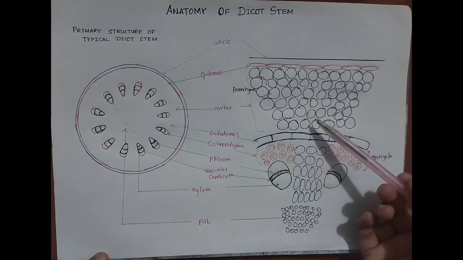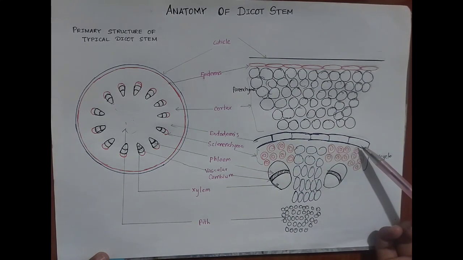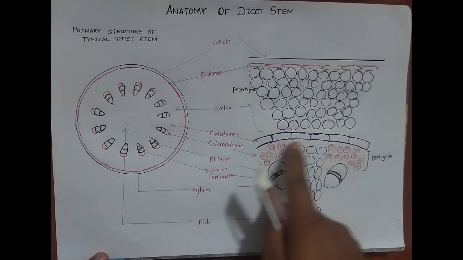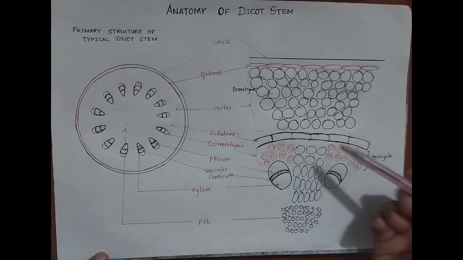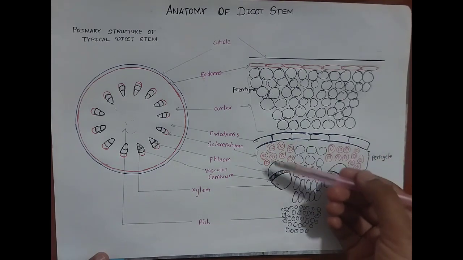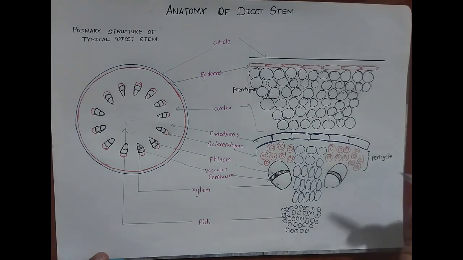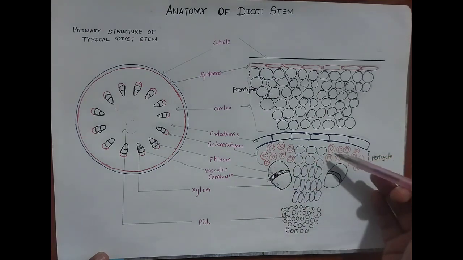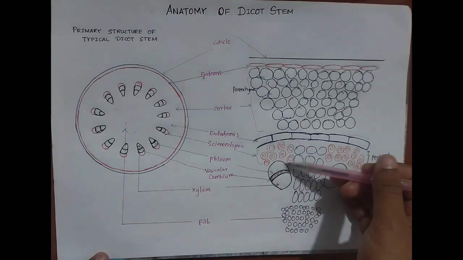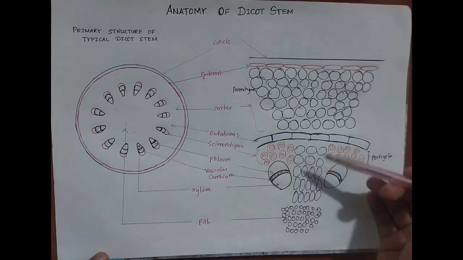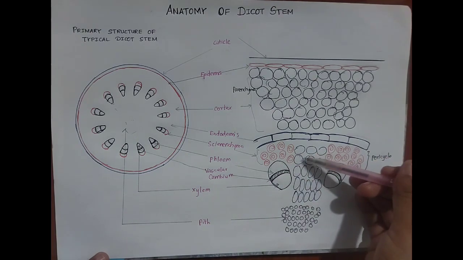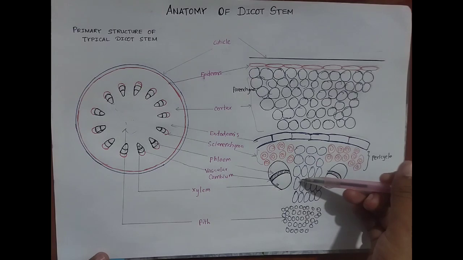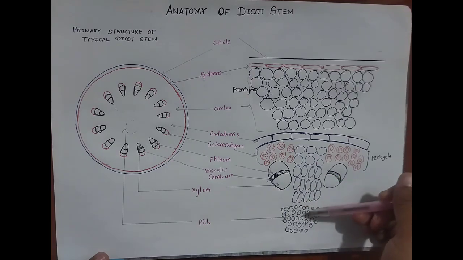Then you have the endodermis layer. You don't have much about this in your syllabus. Then we have the pericycle part, where you can see sclerenchyma as well as parenchyma. Sclerenchyma is present above the bundle sheath, and parenchyma moves inwards, elongates and finally forms the pith.